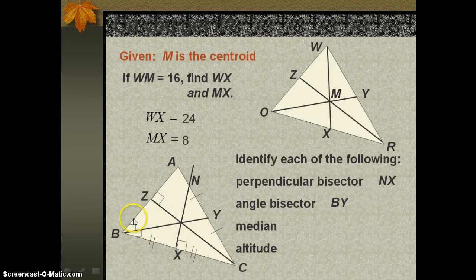It's cutting an angle in half. The median has to go from a vertex to the midpoint of the opposite side. So that's also going to be BY because it's going from vertex B to the midpoint of AC. And then an altitude. The only altitude in this picture is CZ. It's going from a vertex and it's perpendicular to the opposite side.